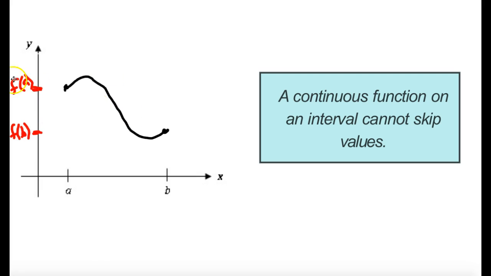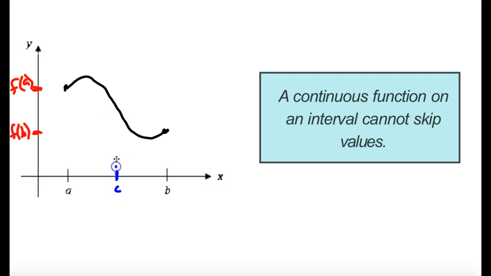It could go up above that and it could go down. We don't know that for sure. But what we're guaranteed, as long as this is a continuous function, is that we are going to hit every y value in between. So we can claim that for any c in between these.